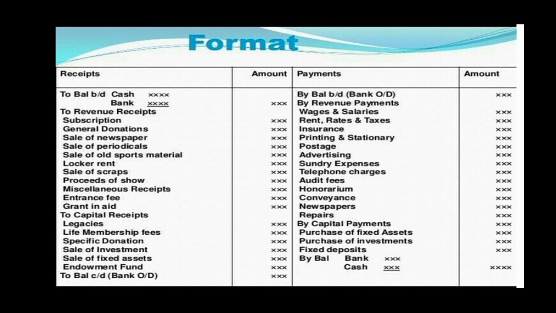Then revenue receipts like subscription, general donation, sale of newspaper, sale of periodicals, sale of old sports material, lockers rent, sale of scrap, proceeds of soap, miscellaneous receipts, entrance fee, grant in aid, and capital receipts: legacy, life member fee, specific donation, sale of investment, sale of fixed assets, endowment fund.